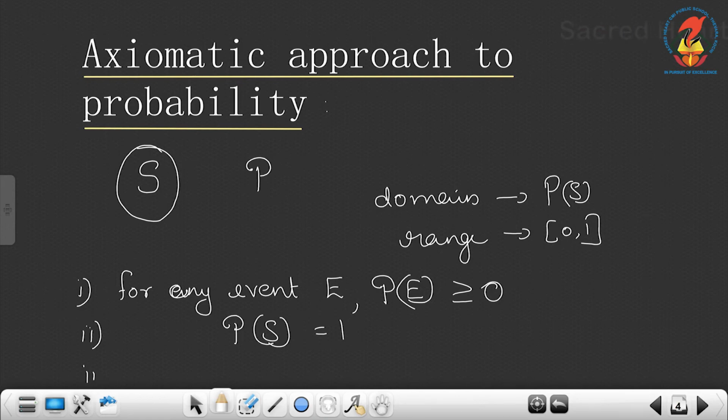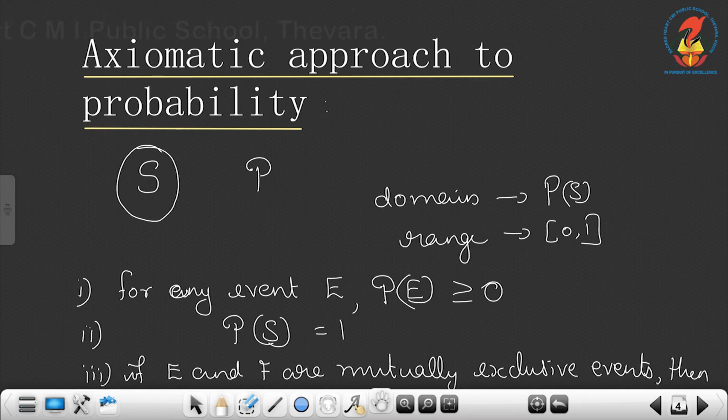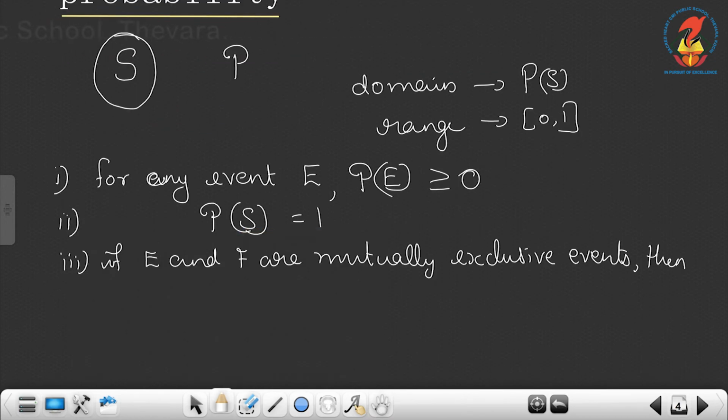Then the third axiom is, if E and F are mutually exclusive events, then mutually exclusive means the intersection is the null set, or the probability of the intersection is equal to 0.